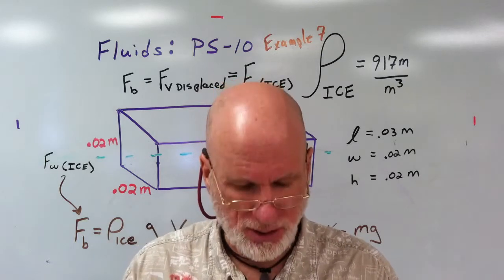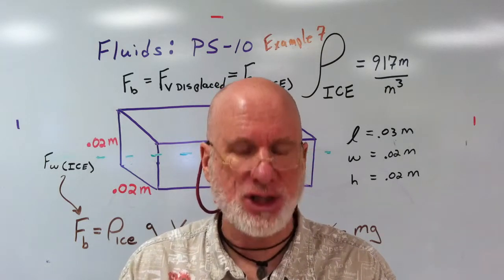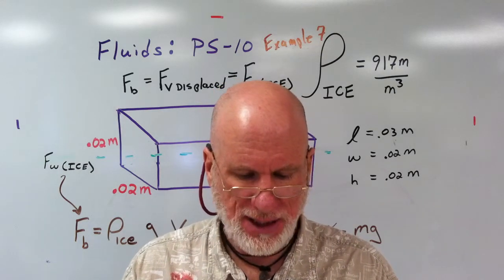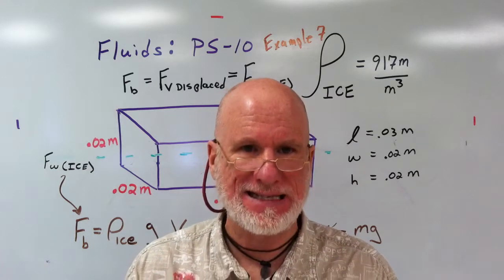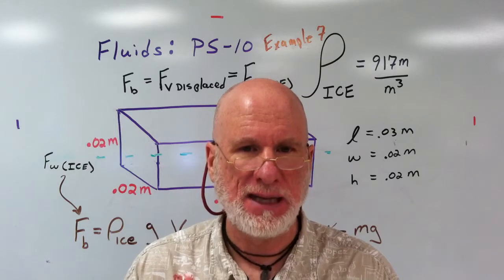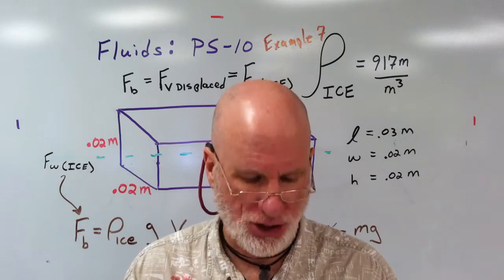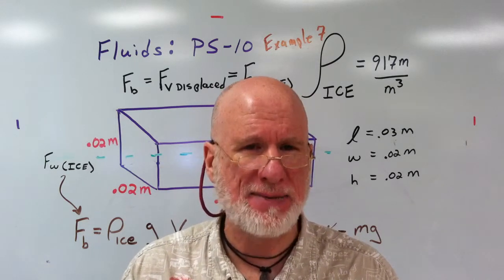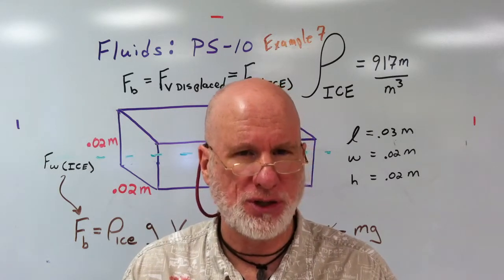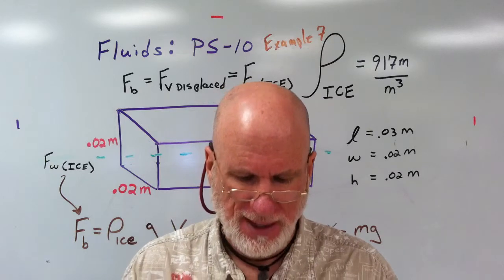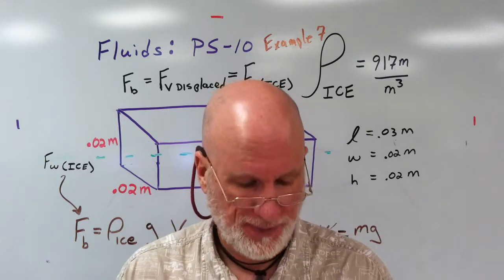It says Palmer drops an ice cube into his glass of water. The ice, whose density is 917 kilograms per cubic meter, has the dimensions of 0.3, 0.2 times 0.2, as shown in the diagram.